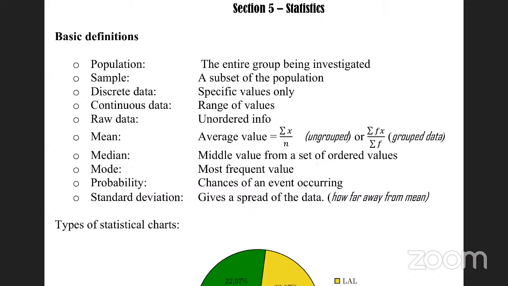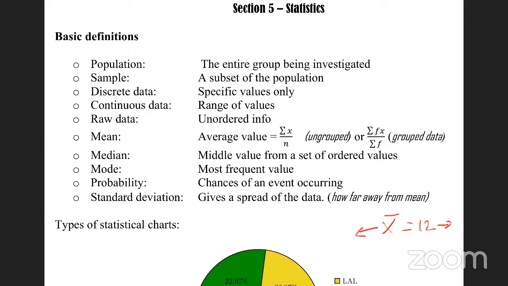I saw standard deviation once in a year, where they asked what it is. Standard deviation gives an idea of the spread of the values. If you have a mean of 12 and a small standard deviation, the values are not too far away from 12.